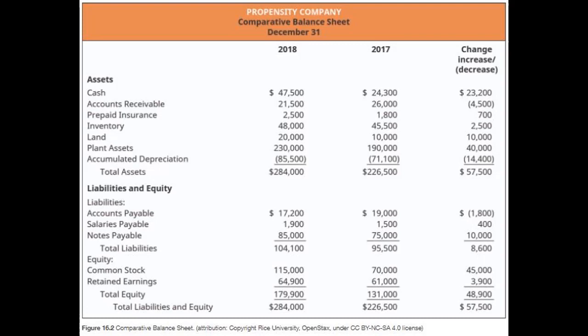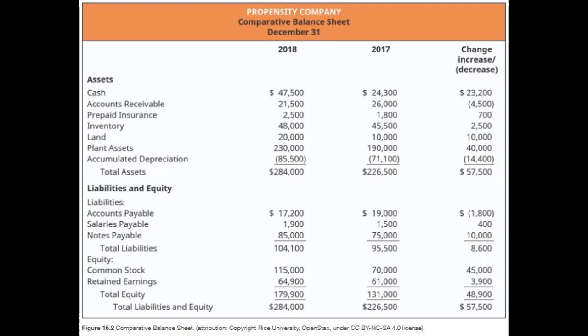The older year, the prior year, 2017, is the column on the right. And so when you look at the final column on the far right, which is change from one year to the other, please, again, do keep in mind that the change is from 2017 to 2018, not the other way around.